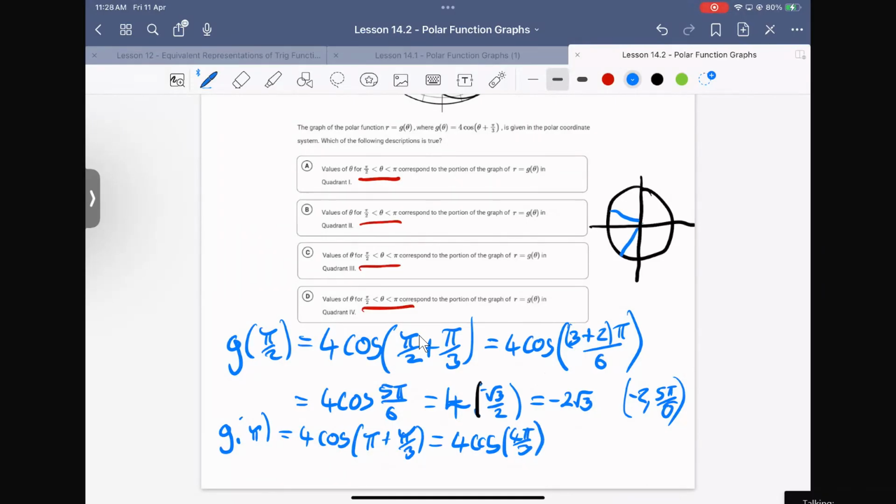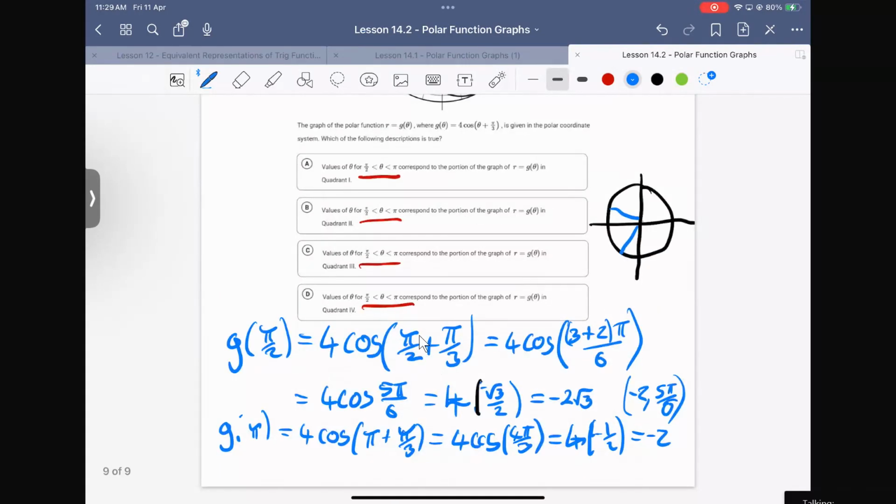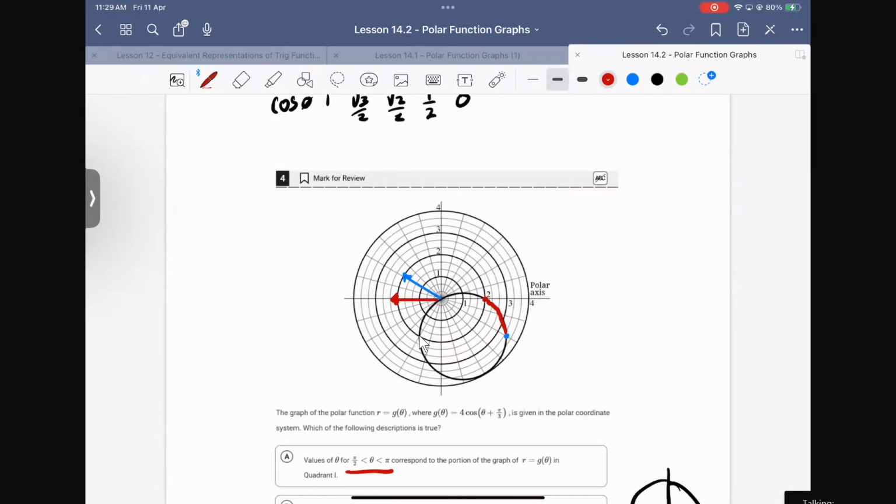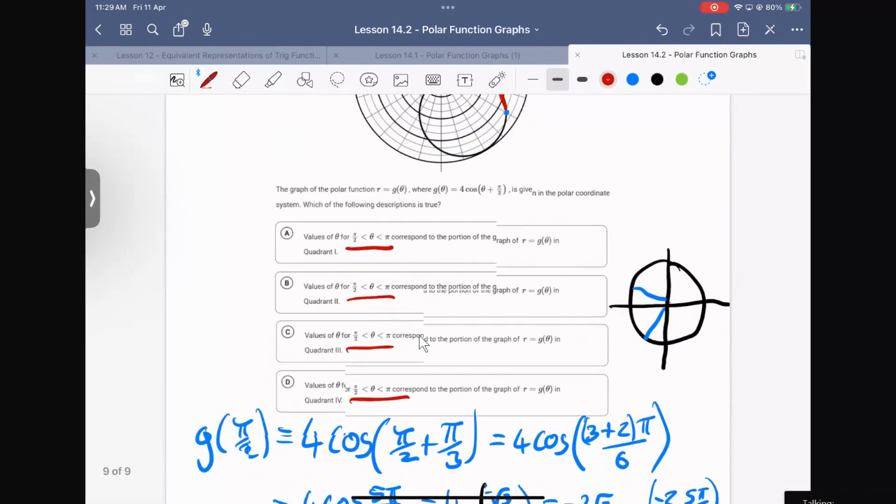It's going to be there. That is going to give us 4 times minus a half, which is equal to minus 2. So this was when we're at pi, and I'm pointing in this direction now. I need to be minus 2. So this part of the graph is there. We are in the fourth quadrant.